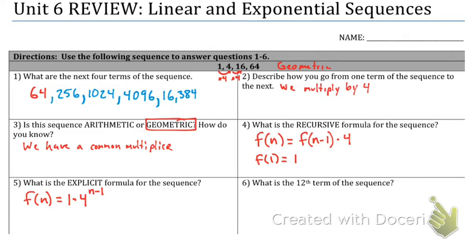We're going to plug in 12 for n. So it's f of 12 equals 1 times 4 to the 12 minus 1. Order of operations says let's do the exponents first. So it's going to be 4 to the 11th. Let's throw 4 to the 11th in our calculator.